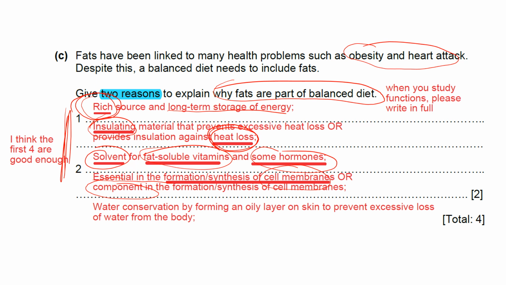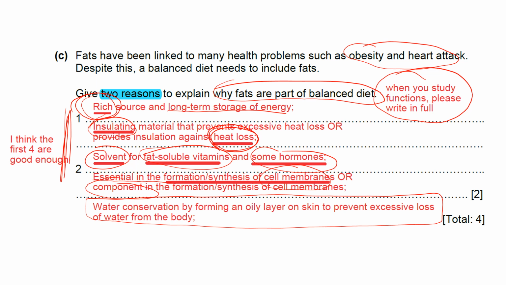The 5th function that we throw in extra is for water conservation, and this one is in the notes, of course, but this is elaborated, and the one in the notes is more like a short form. So please write properly. When you study functions, I wrote over here, please write in full. Please don't anyhow write. And if you can elaborate, please elaborate.